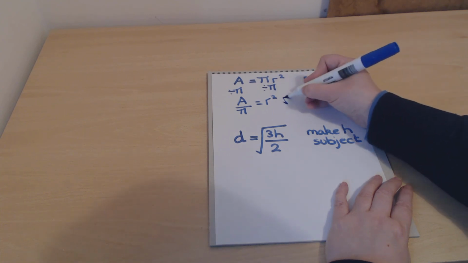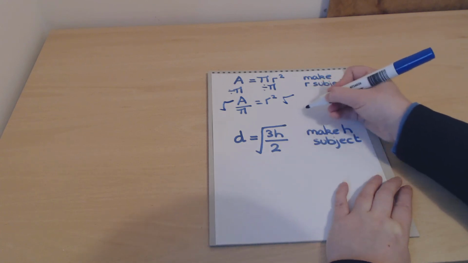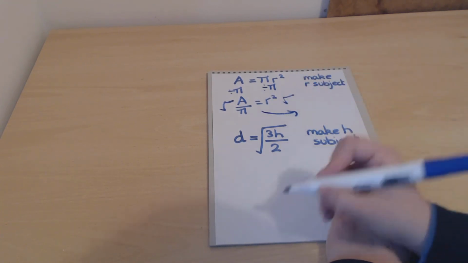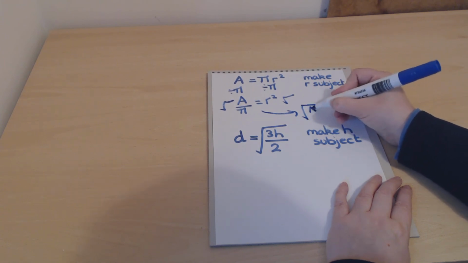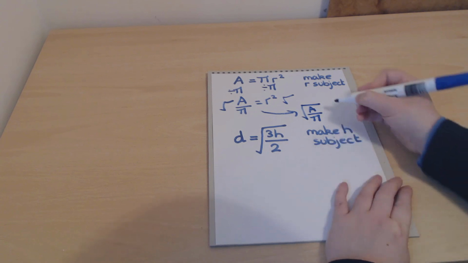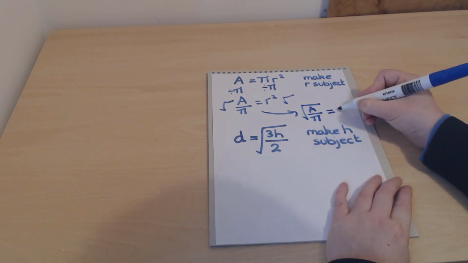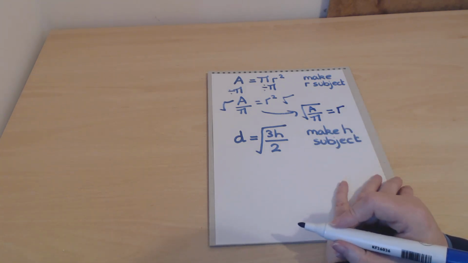So we're now going to square root both sides. I'm just going to write it over here actually, because there's not a lot of room. So on this side we're literally just going to put the square root sign over everything there, and then on the other side, if we square root r squared, we're undoing the squaring, so we get r left.